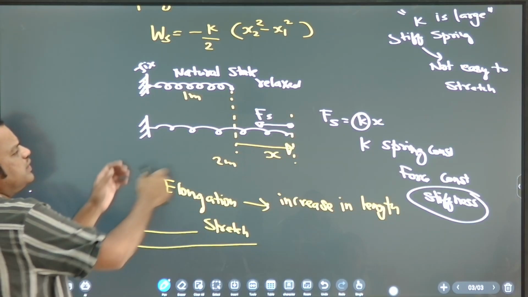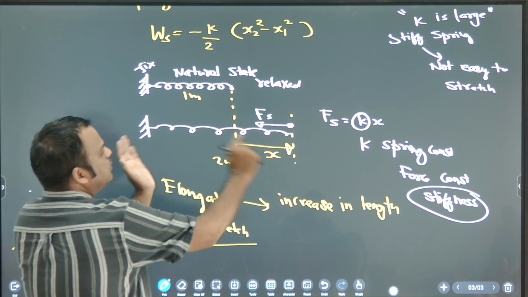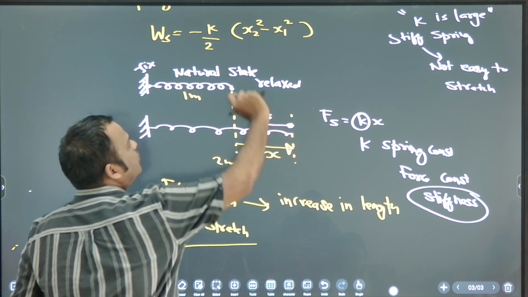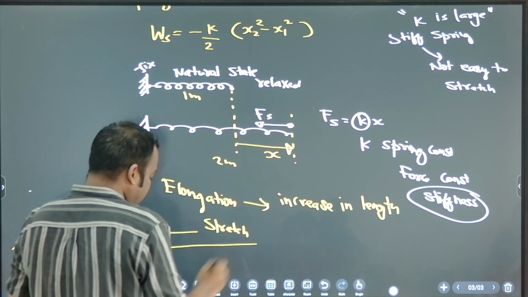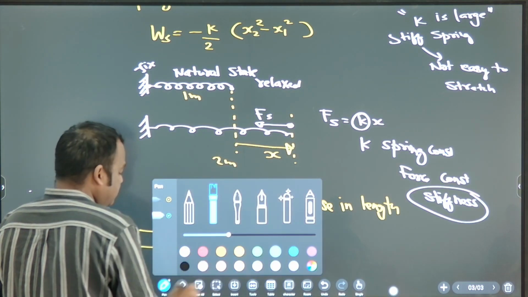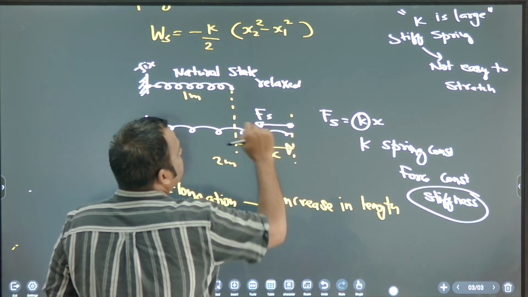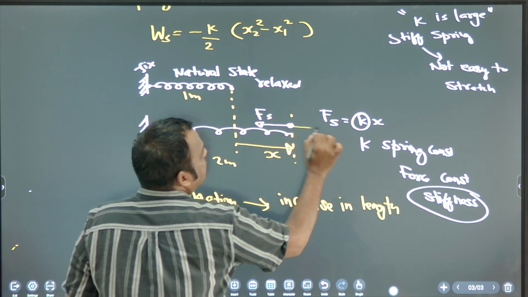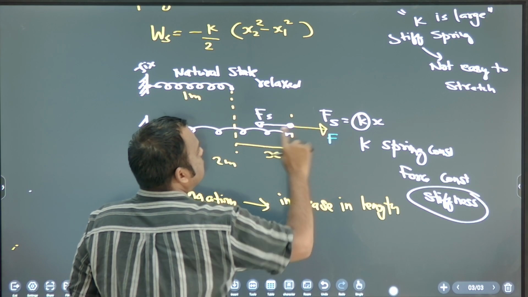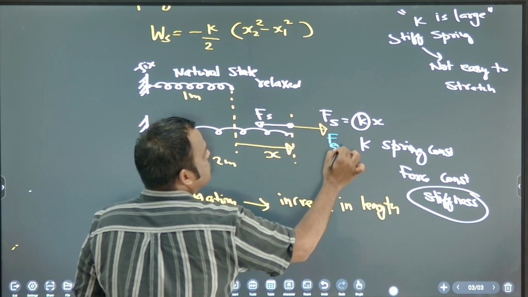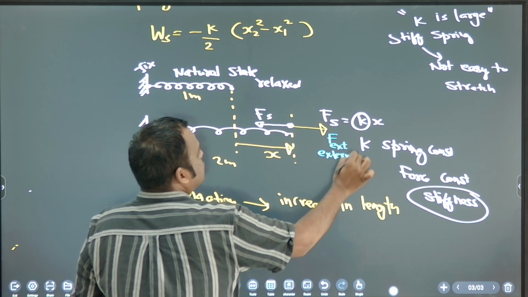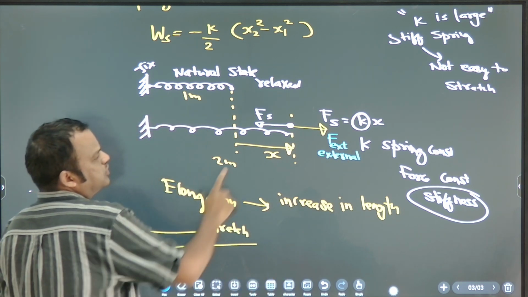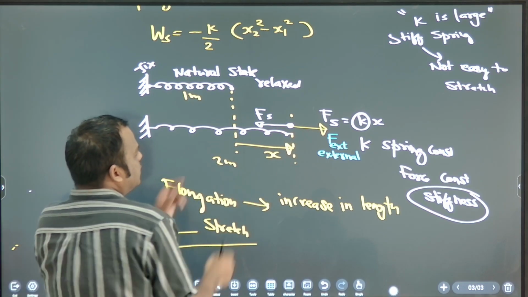Now you see this, you are elongating the spring, you are holding this right end and you are moving it like this. So you have to do work because you have to exert force. So what is the direction of your force? Right side, opposite to spring force. This is known as external force. So what is the direction of displacement?